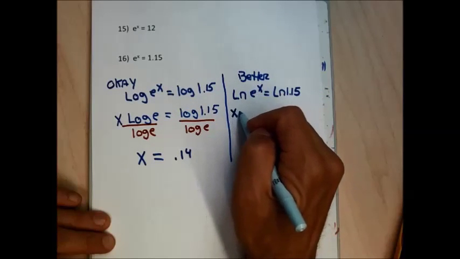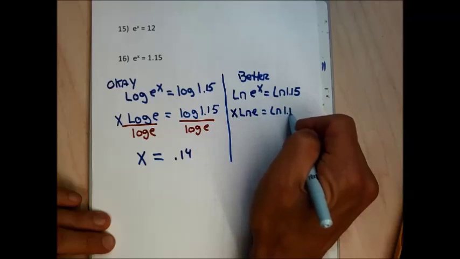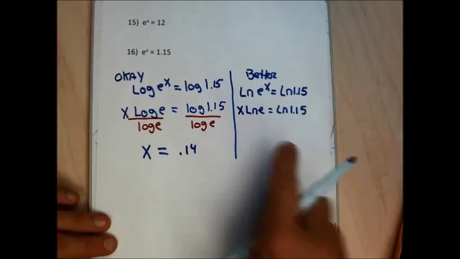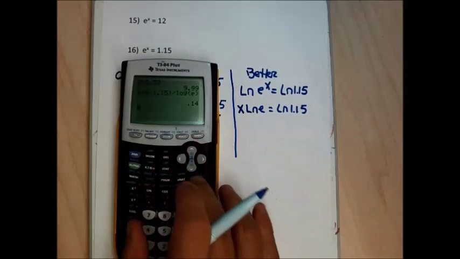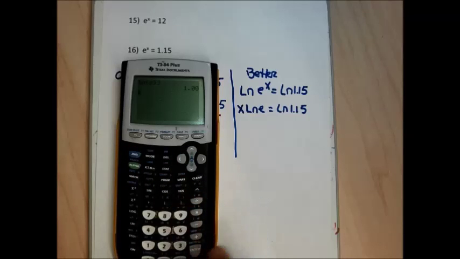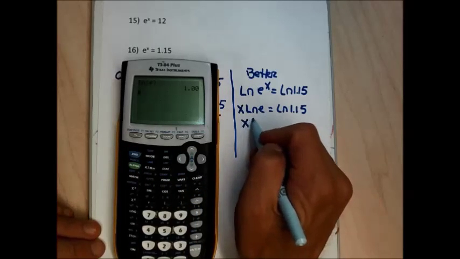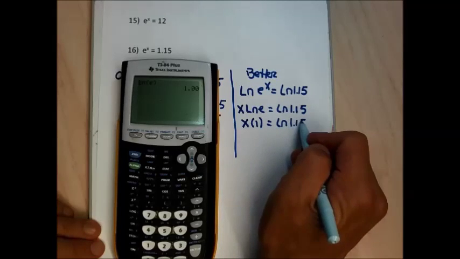I'd still rewrite this as x times the ln of e equals the ln of 1.15. The difference here is on the left-hand side, the ln of e is 1. So this left-hand side is really x times 1 equals the natural log of 1.15.